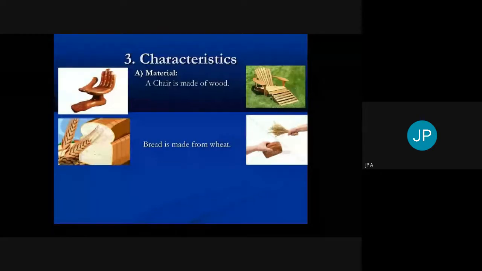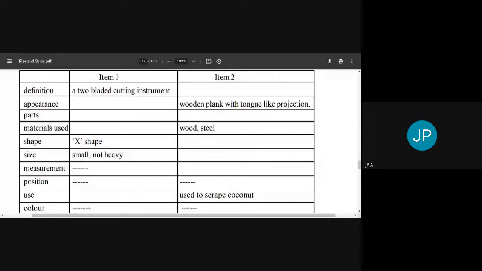So describing the characteristics, the first characteristic that we described is material. Then we describe the shape of the objects or the parts. Something may be shaped like something, or shape means the figure, how it is shaped.